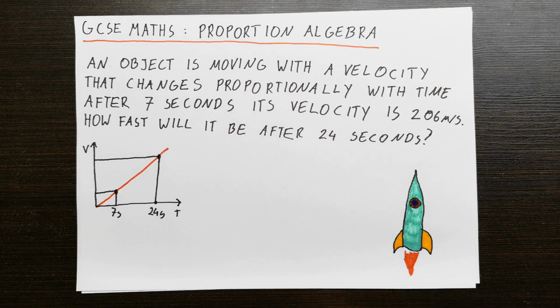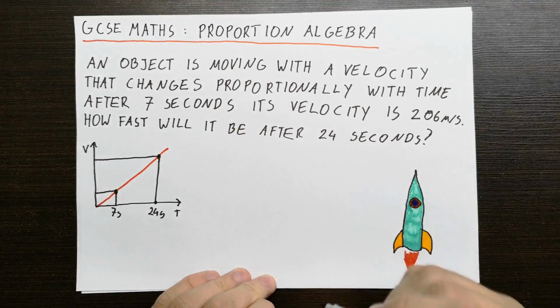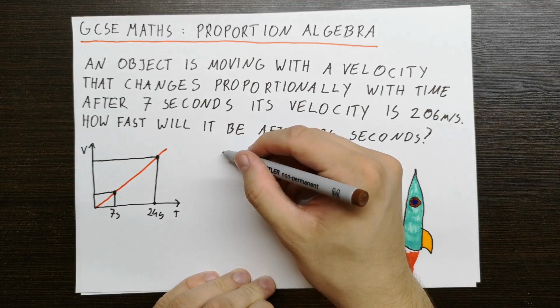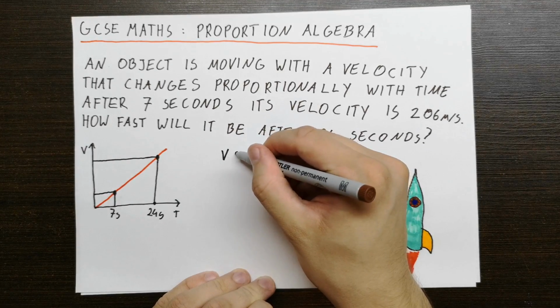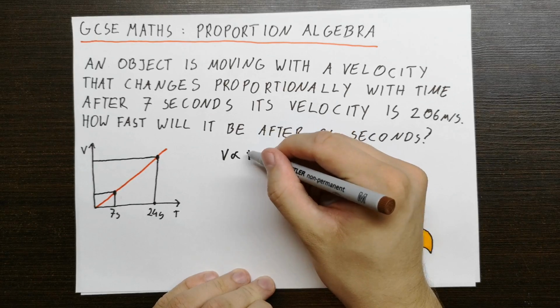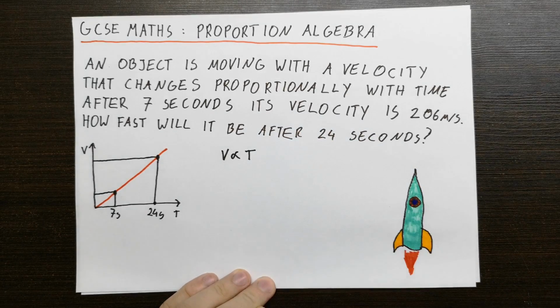Before we tackle any algebra, the very first thing we need to do is simply write down the proportionality that we're dealing with. So we are dealing with velocity being directly proportional to time. We are simply going to put down v is proportional to t. That's it.